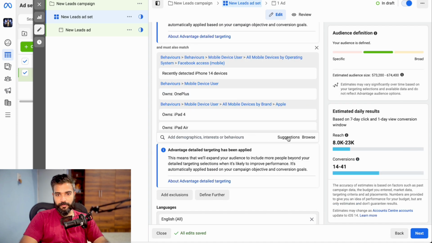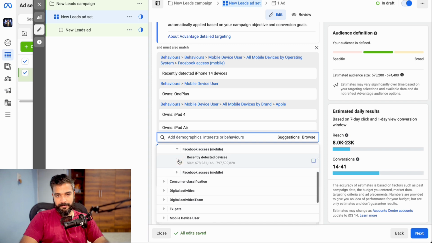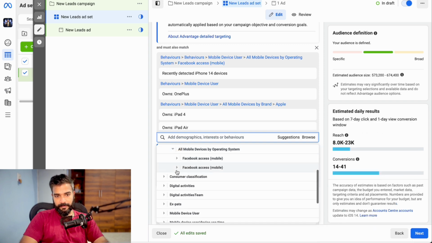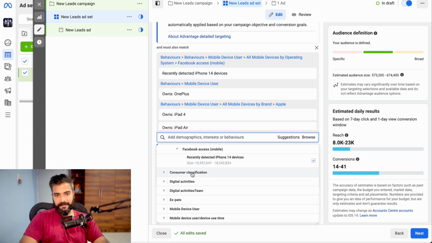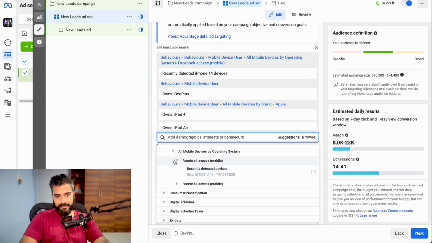Now, if you want more, then you can go to browse, go to behavior, and oh, by the way, if you go there, under behaviors, mobile device user, and here you can start selecting one by one. Right, Facebook access mobile, or you can go to recently detected iPhone devices. So this is pretty cool. We don't want this though.